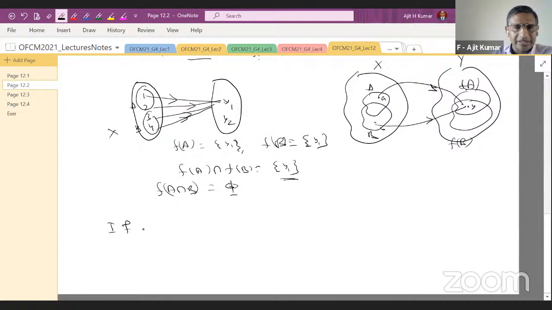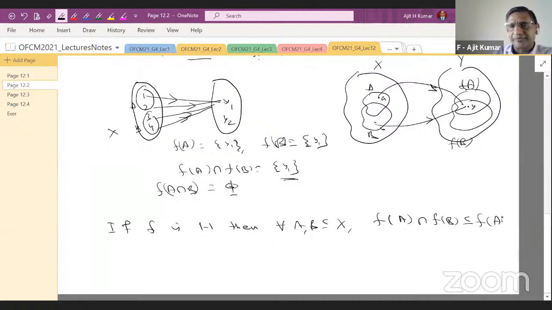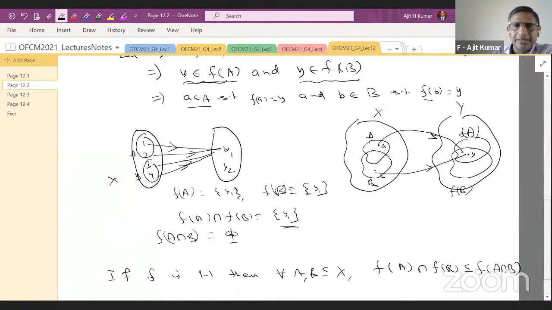If f is 1-1, then for every subsets A and B of X, f of A intersection f of B is a subset of f of A intersection B. So the proof is now exactly similar.